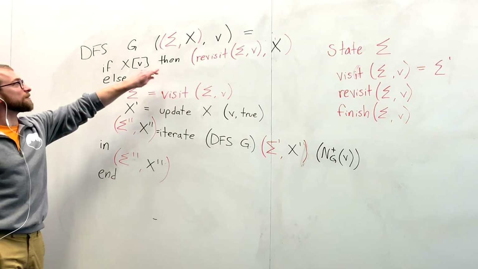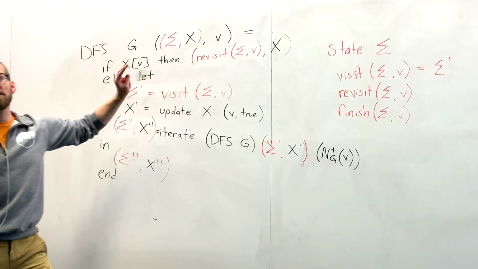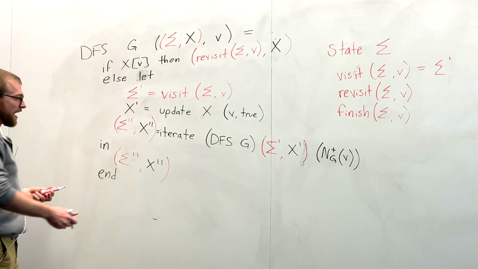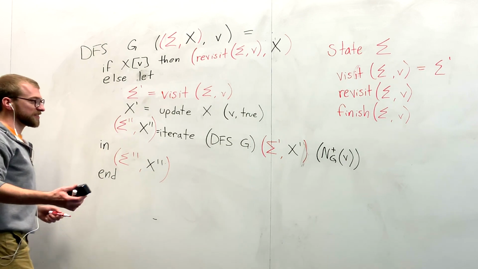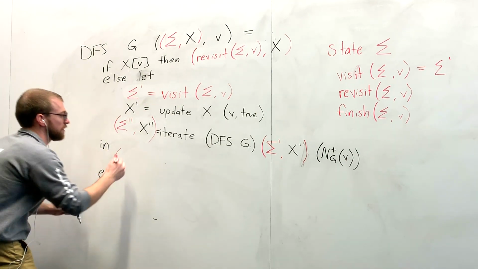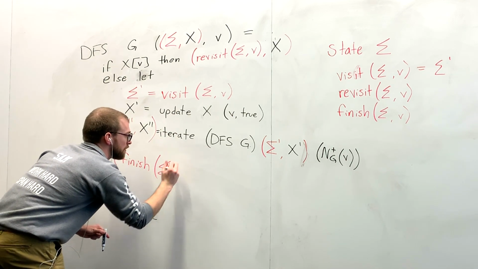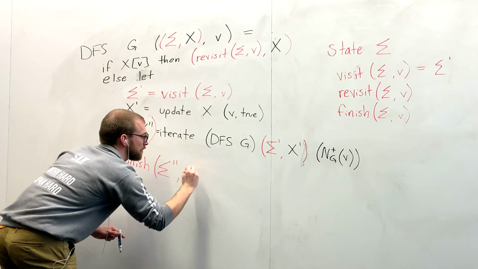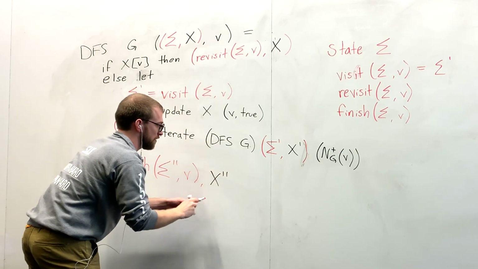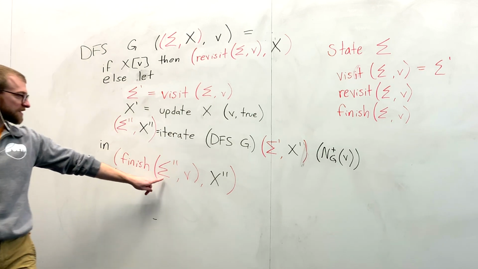In the case where we've previously already visited a vertex, we can mark that in the state somehow, that we're revisiting a vertex a second time. And we will see some examples where that's useful. And finally, down here, we'd like to mark a vertex as finished, and we can do that by calling the finish function where we pass in this final state value.